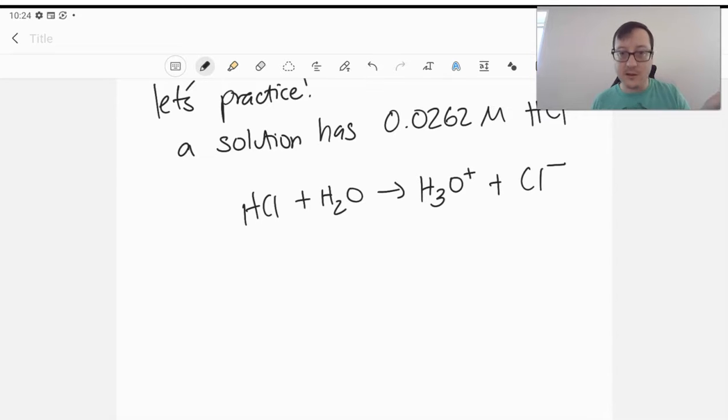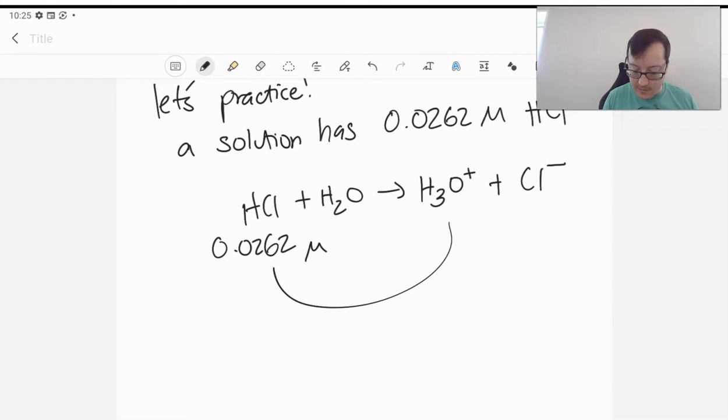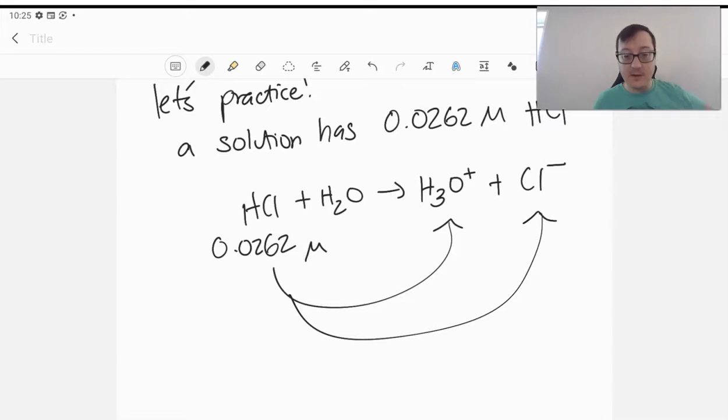Of course, except for the water, because that's our solvent, but the HCl will be completely gone. It'll completely break up. That means that if this was 0.0262 to begin with, the stoichiometry tells us, well, then these must also be 0.0262. Right? It's just dissociation.